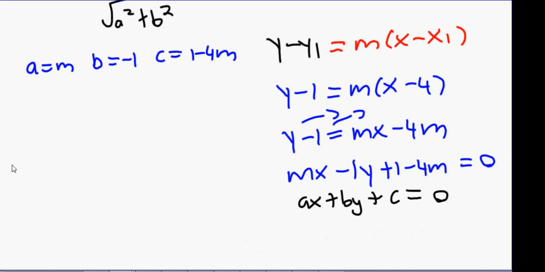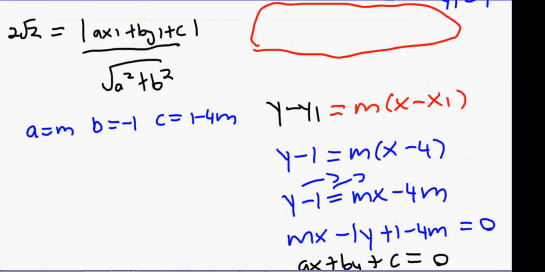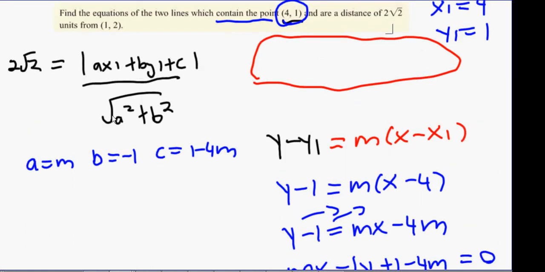Okay, now that we have these three values, we're going to go up here and figure out what this is. 2 root 2, I'll do it in green now. 2 root 2 equals the square root of A, which is m, times, now what's x1 this time around, guys? x1, y1 represents the point that the line is the perpendicular distance from. So x1, y1 is now 1 and 2. That's the way the equation works.